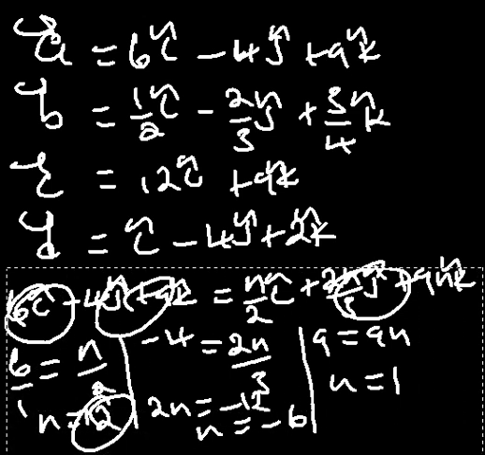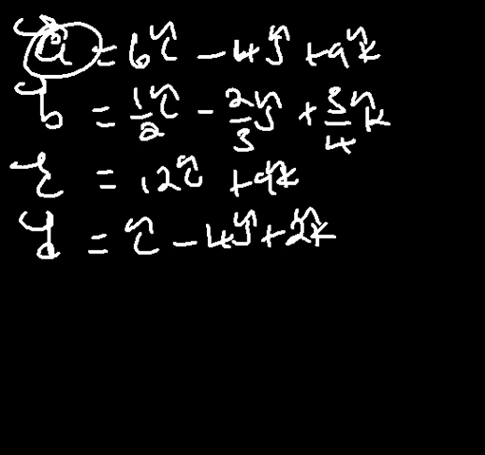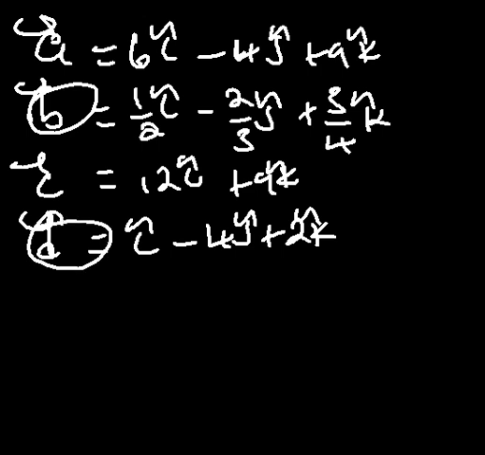But had it been that the values of n were the same in all components, the vectors would be parallel. That is the essence behind vectors being parallel. Now let's think of vector B as well as vector C, and we have to show whether those two vectors are parallel or not. Or else we use vector B and vector D. How can you show whether those two vectors are parallel?